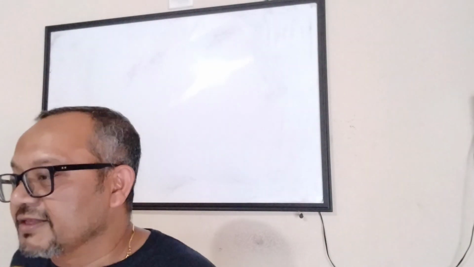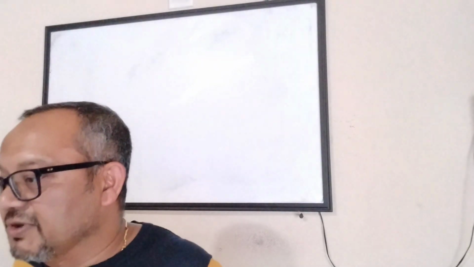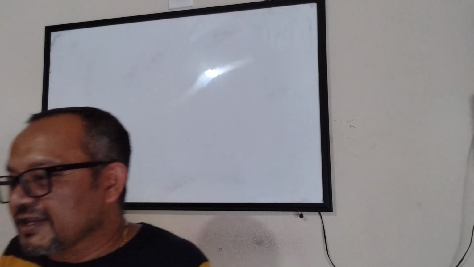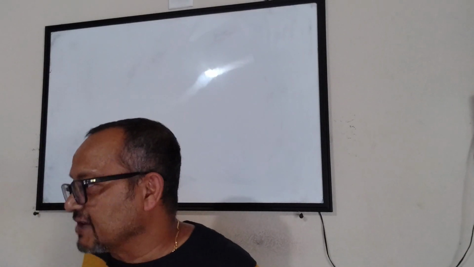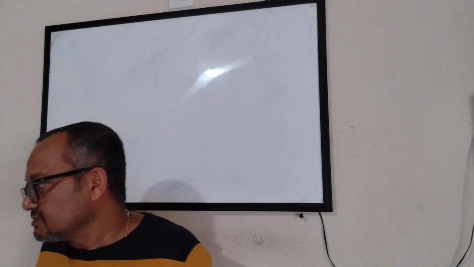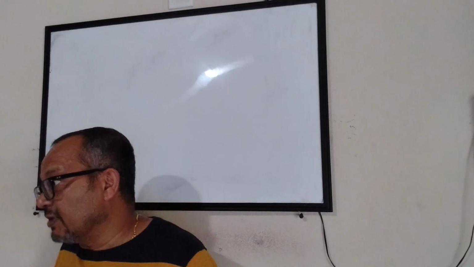Now, in the whole world, there are 2 systems that exist. One is used by the entire world except the US, called the metric system, where you talk about meters, liters, grams, and so on. And then the US has defined its own system, called the US customary system, where we talk about miles, gallons, pounds, and so on.